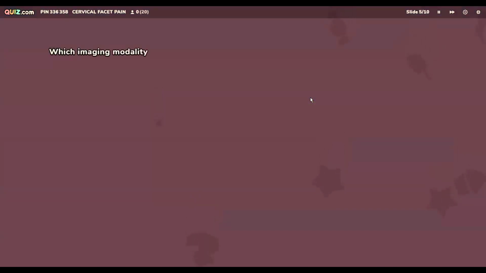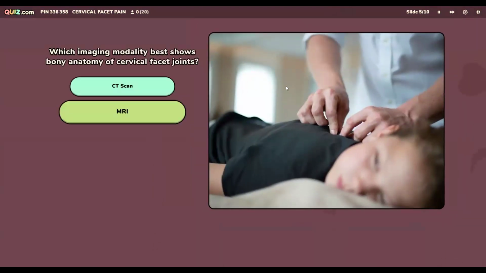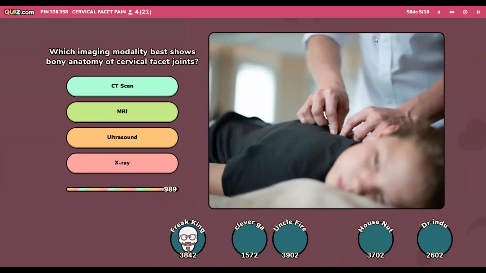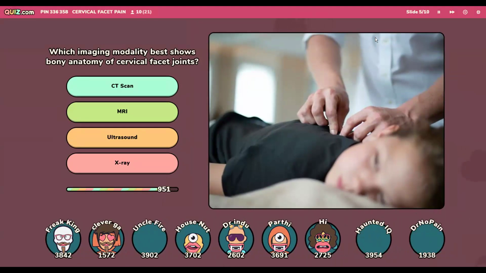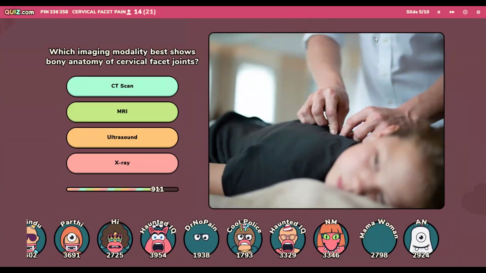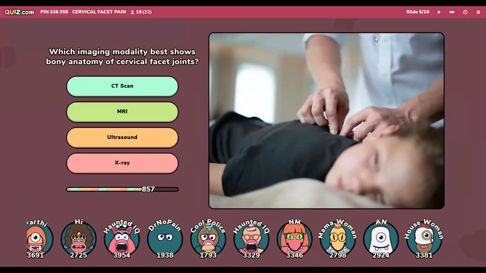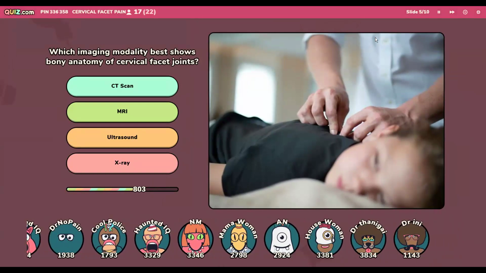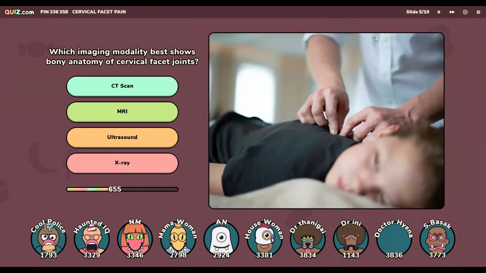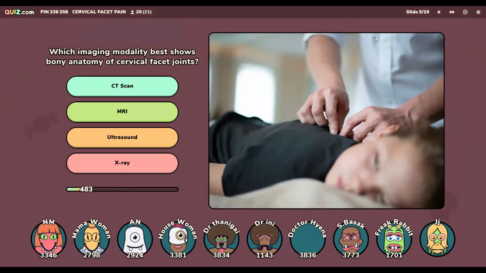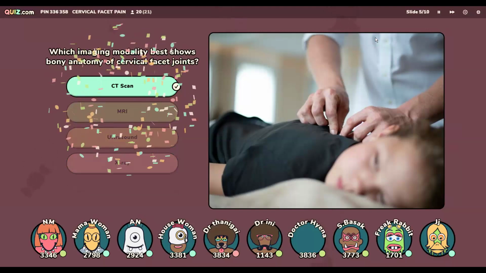Which imaging modality best shows bony anatomy of cervical facet joints? CT scan.